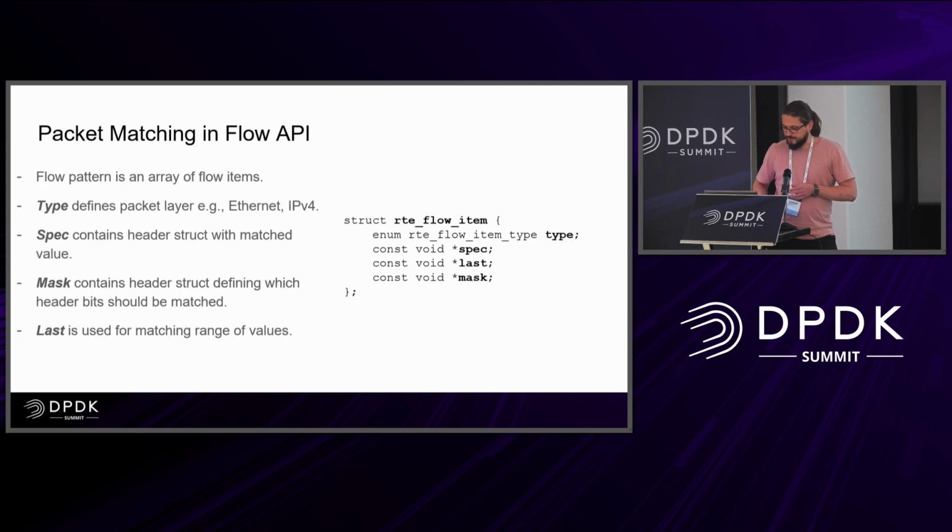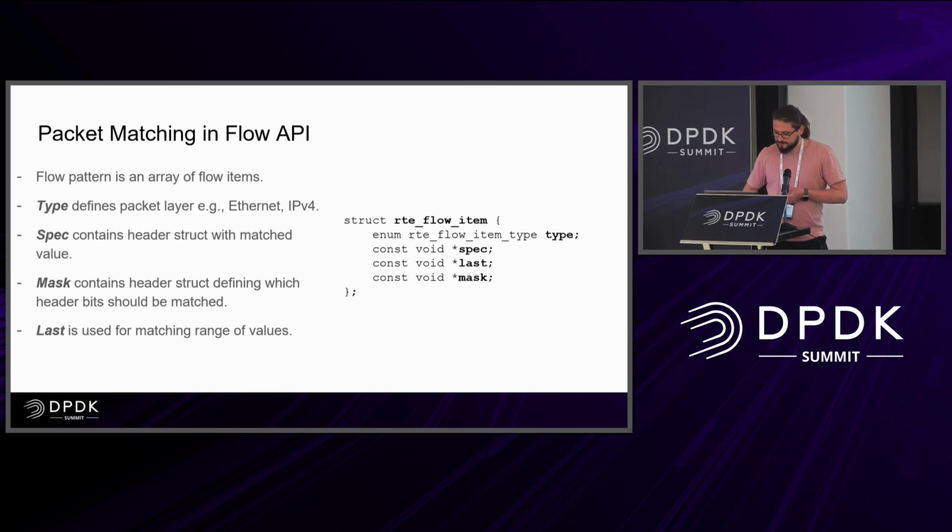So let's focus on the packet matching itself. The main building block in the Flow API to build our description of the packets we want to work on is the rte_flow_item. The rte_flow_item has a type, which defines whether this will describe an Ethernet header, IPv4 header, IPv6 header, etc. It has a spec, which is a pointer to the header struct containing the values we want to match on, like specific values, for example the addresses or ports in layer 4.